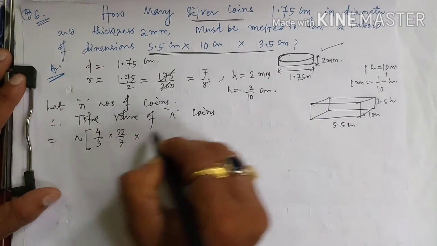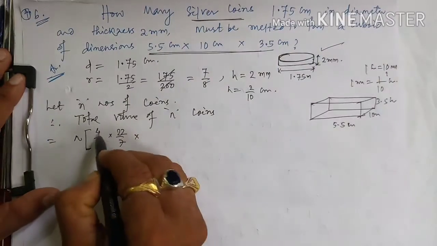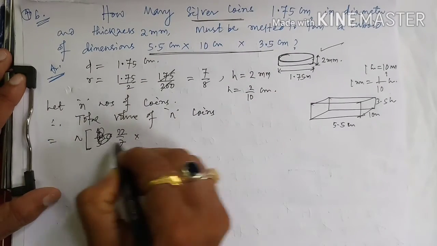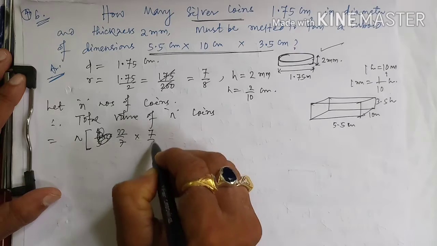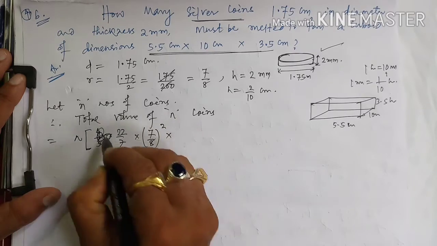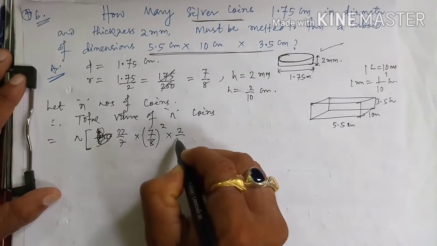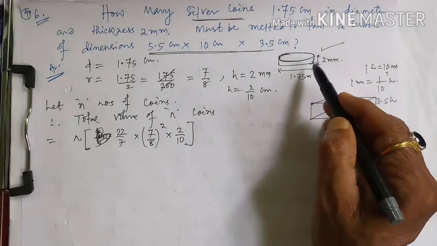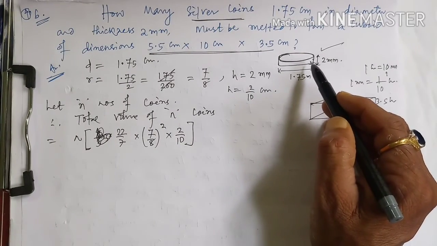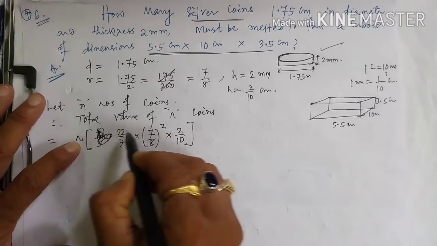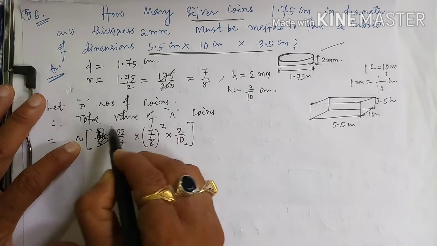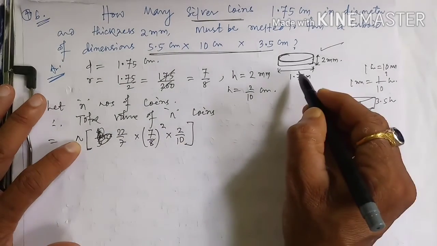No, this is a cylindrical structure, so pi r square h, where h is 2 by 10.